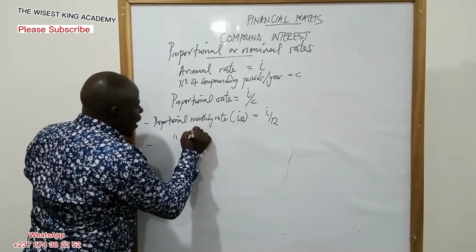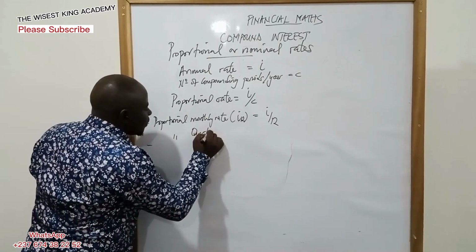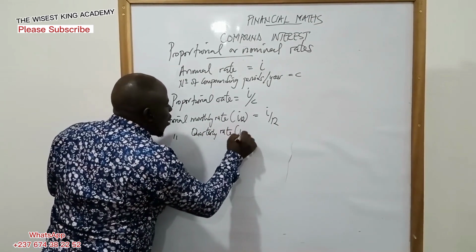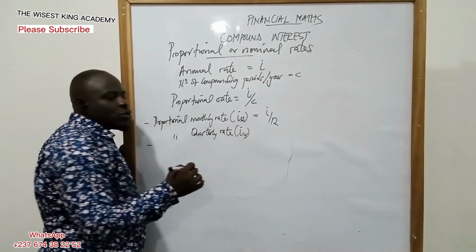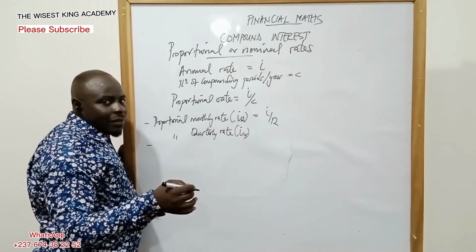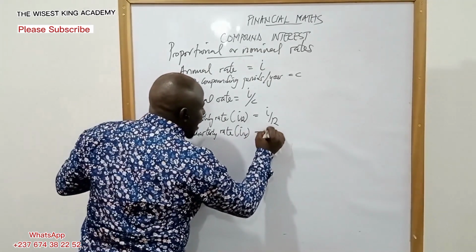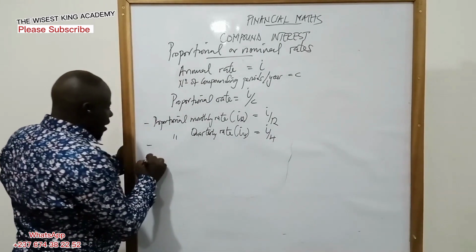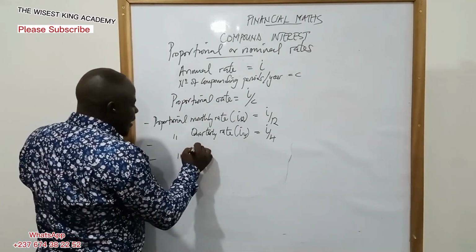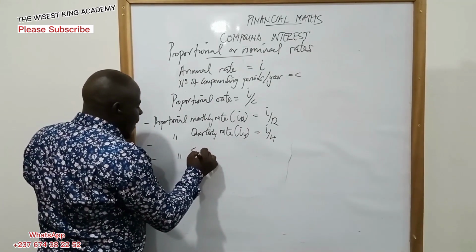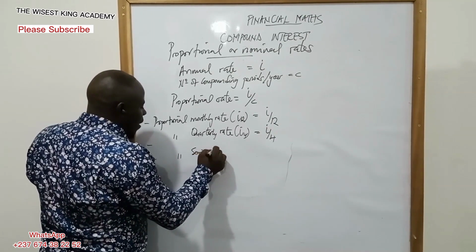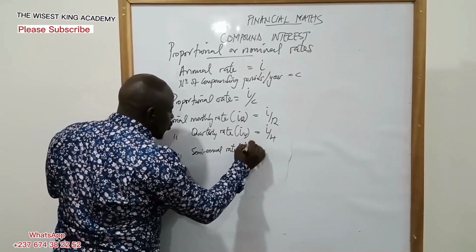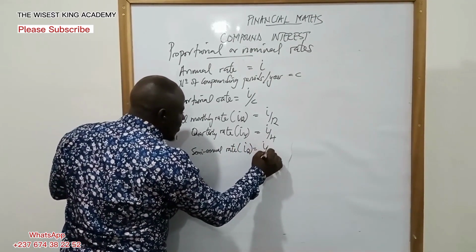The proportional quarterly rate, which I'll call I4, in some books you see IQ or IT, will be I divided by 4. Meanwhile, the proportional semi-annual rate, I'll call it I2, is simply I divided by 2.